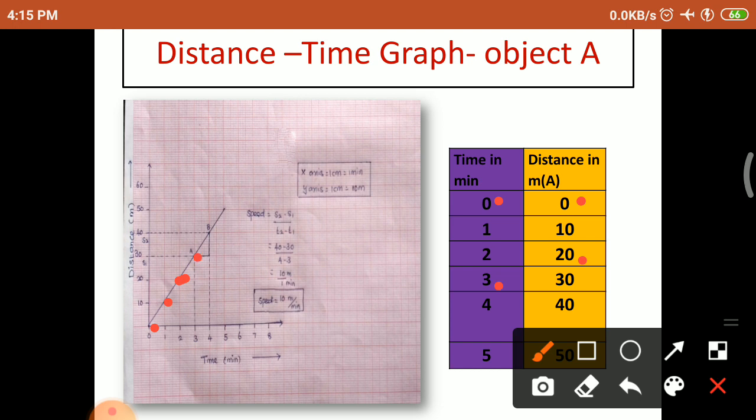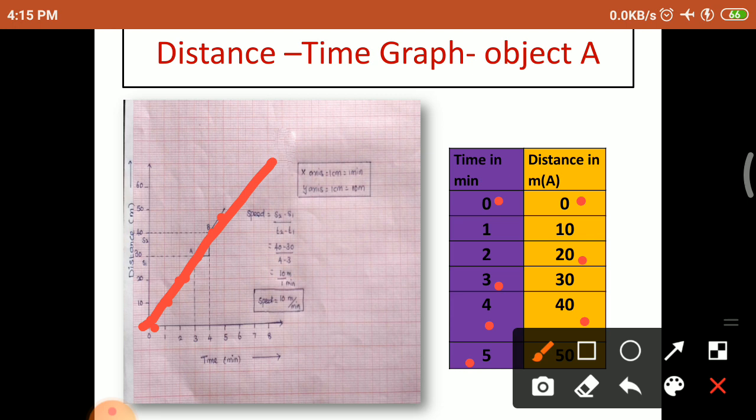When time is 4 minute, the object covers 40 meter. So the minute is 4, meter is 40. When time is 5 minute, the object covers 50 meter. After marking the points, I join the points.